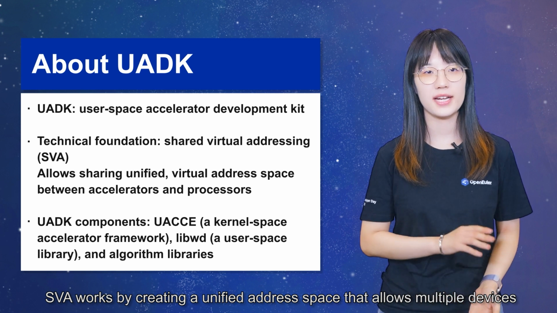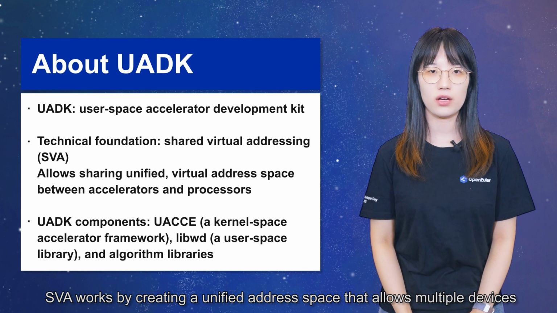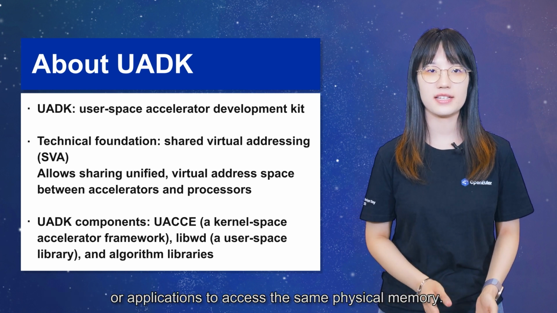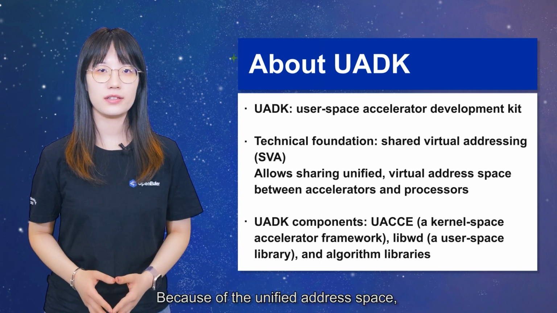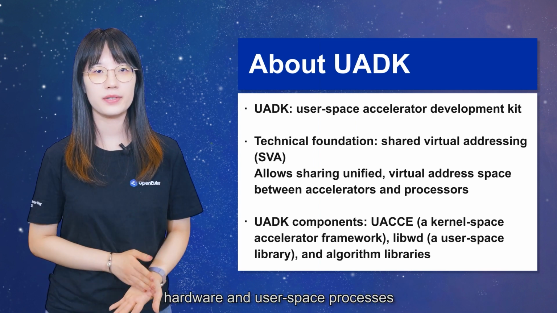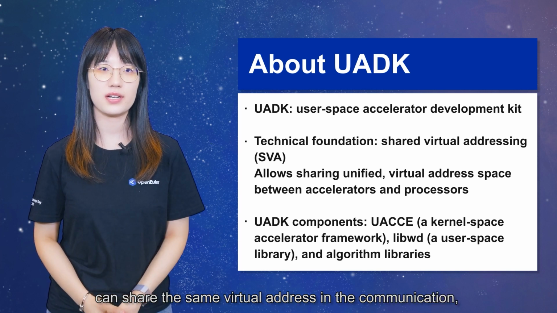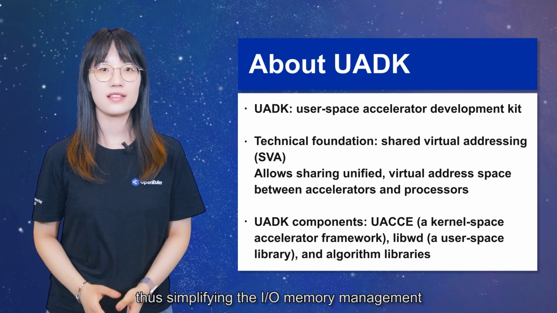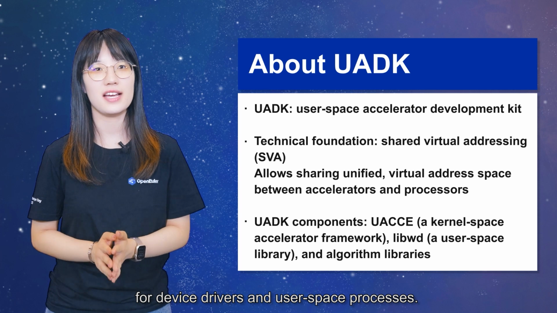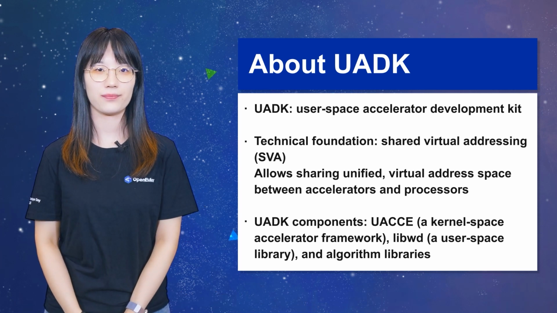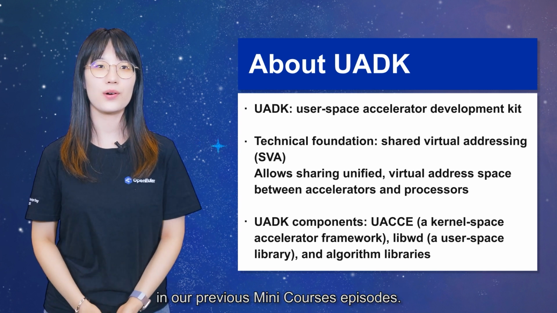SVA works by creating a unified address space that allows multiple devices or applications to access the same physical memory. Because of the unified address space, hardware and user space processors can share the same virtual address in the communication, thus simplifying the I/O memory management for device drivers and user space processes. You can find more information about SVA in our previous mini courses episodes.